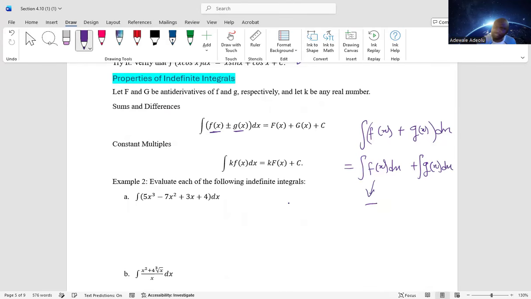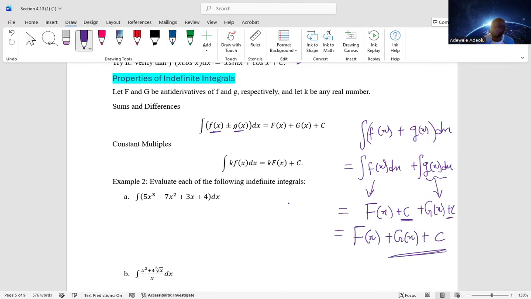And remember, one will give us f of x plus c, the other will give us g of x plus c. Since any constant plus any constant gives another constant, our answer is f of x plus g of x plus a constant.